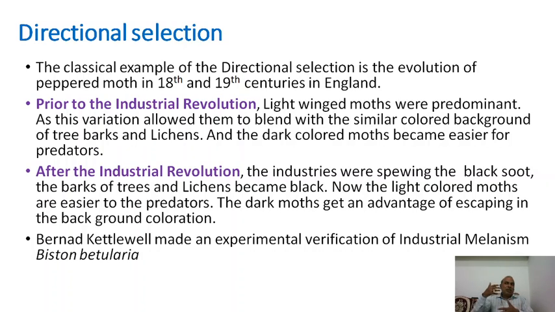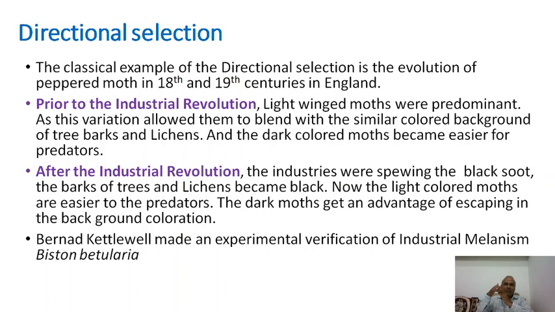Prior to the Industrial Revolution in England, light colored peppered moths were more represented in the population. The allelic frequencies of light color were higher than those of dark color, because the light gray colored wings of peppered moths, when resting on barks, lichens or rocks, are simply cryptic with their color.